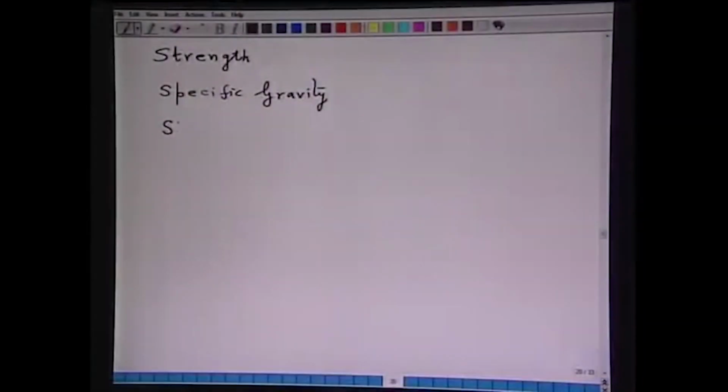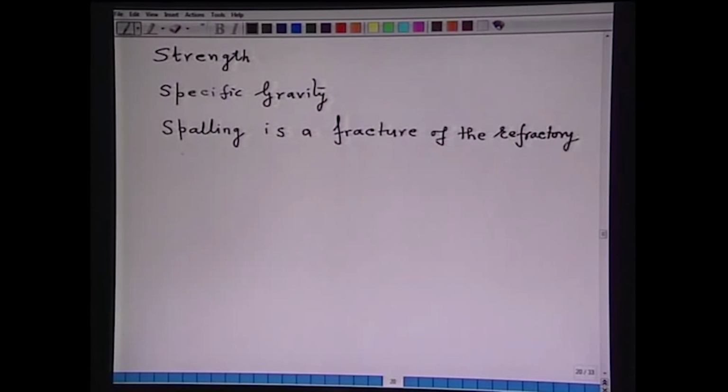Another very important property is spalling. Spalling is a fracture of the refractory due to temperature gradient.